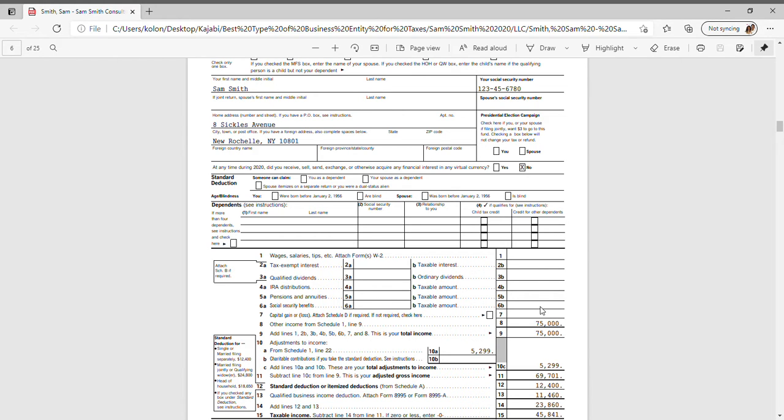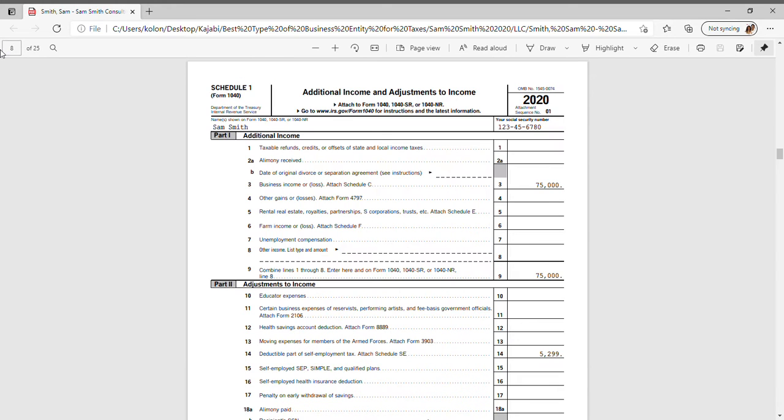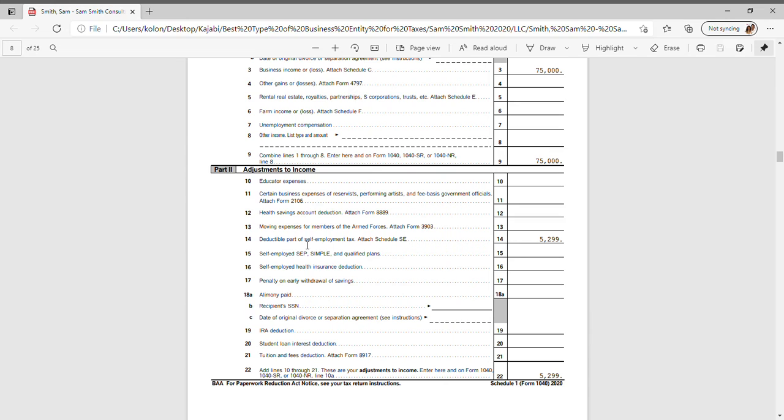So what we do next is we go to line number 10A. And what is 10A? Well, that goes actually back to that Schedule 1 form that we discussed earlier. And what that is specifically is the deductible part of the self-employment tax. So this is going to be critical when you're looking at the entities that you want to set up.